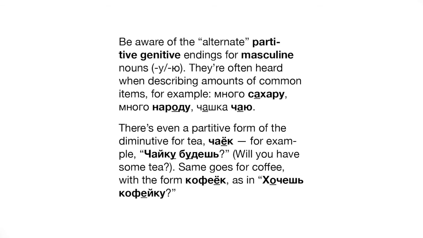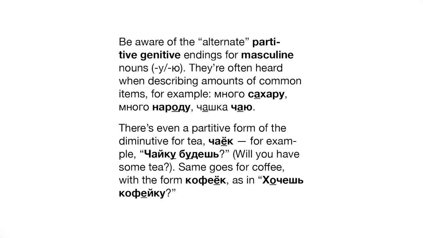A few common examples are сахар, sugar, народ, meaning people, like a lot of people, and tea also. So for a cup of tea, you could say чашка чая. That would be okay, I guess, but more often you would hear this special partitive genitive form with у, right?